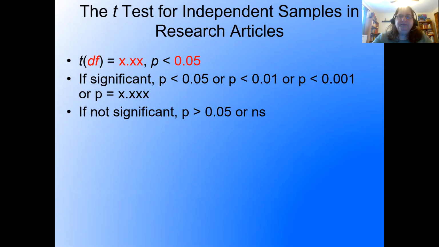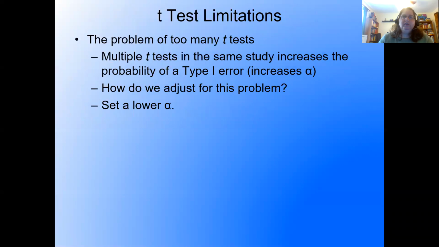Okay. So what are the t-test limitations now that we've gone through the whole t-test shebang? Well, the main problem is, what if you run too many t-tests on the same data question?